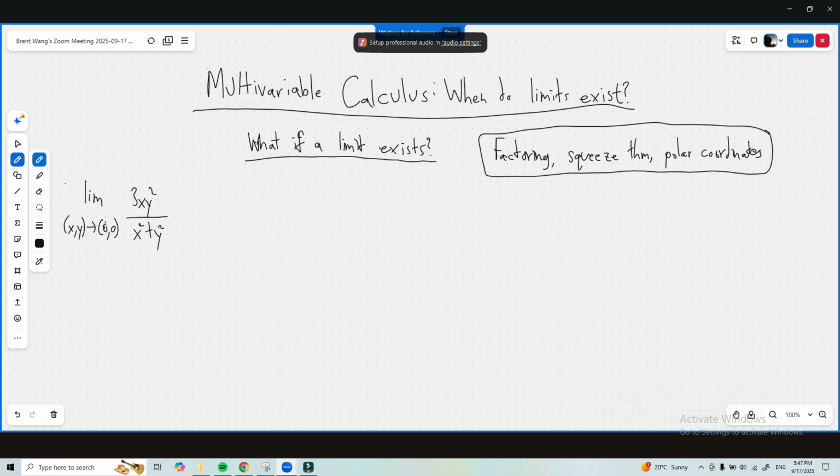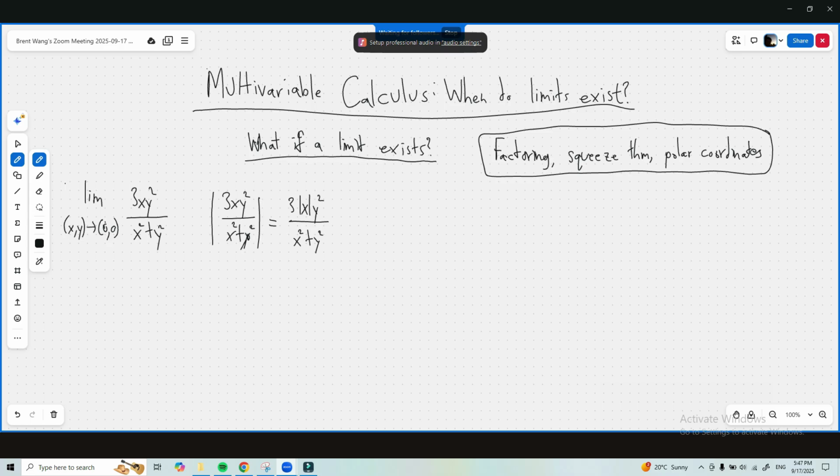It doesn't look like we can factor this, so what we do is use the squeeze theorem. First of all, let's consider the absolute value of this function, 3xy squared over x squared plus y squared. This is equal to 3 times the absolute value of x, y squared, over x squared plus y squared.